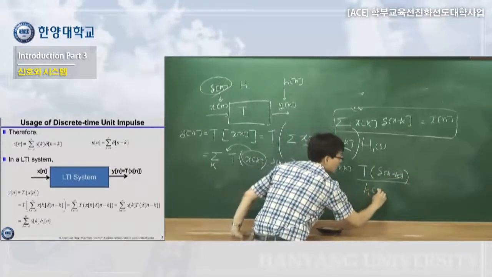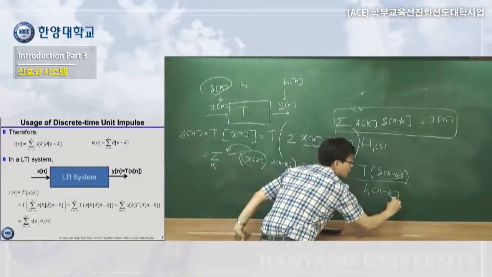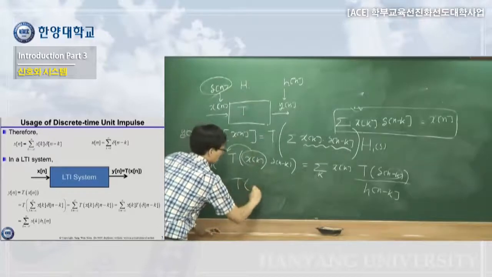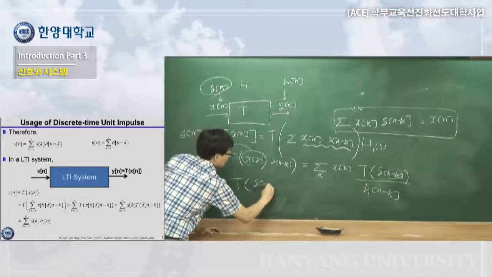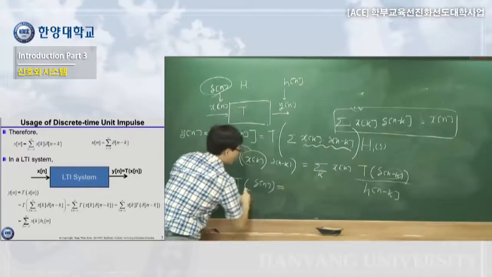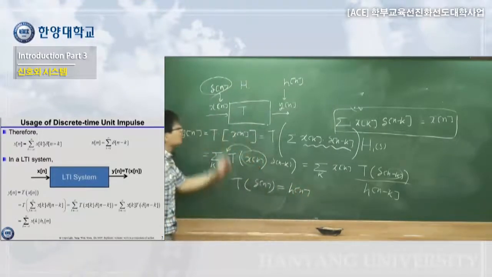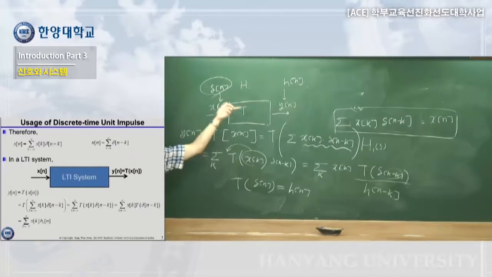This will be h[n minus k], because if you have delta as an input, the output of the system will be h[n], based on this definition. This is the definition of impulse response, right?